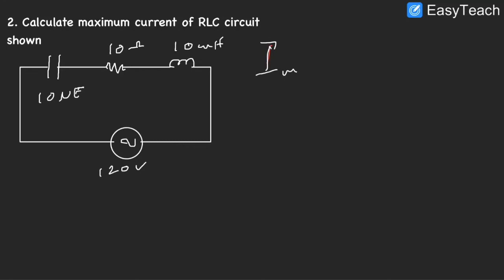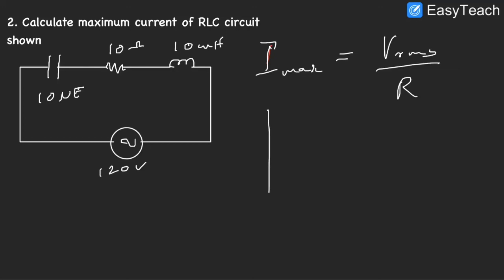I max is V RMS divided by R. So why is it just R? Because your maximum current is going to occur at resonance.